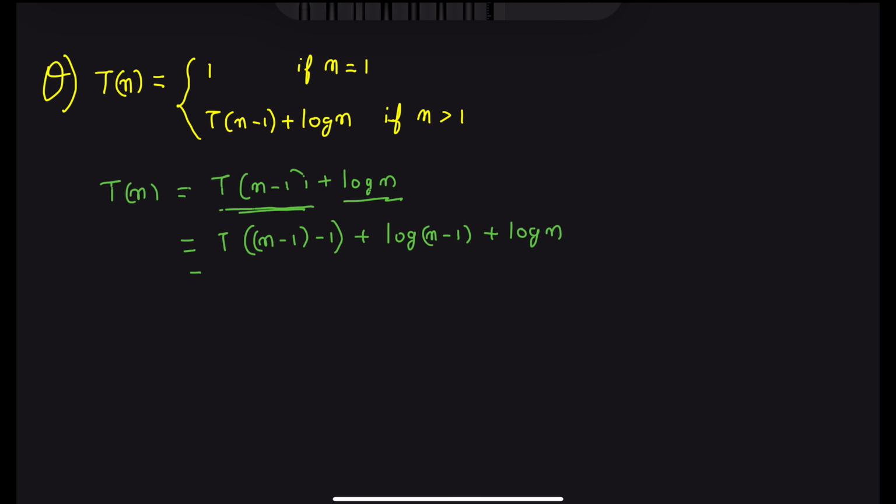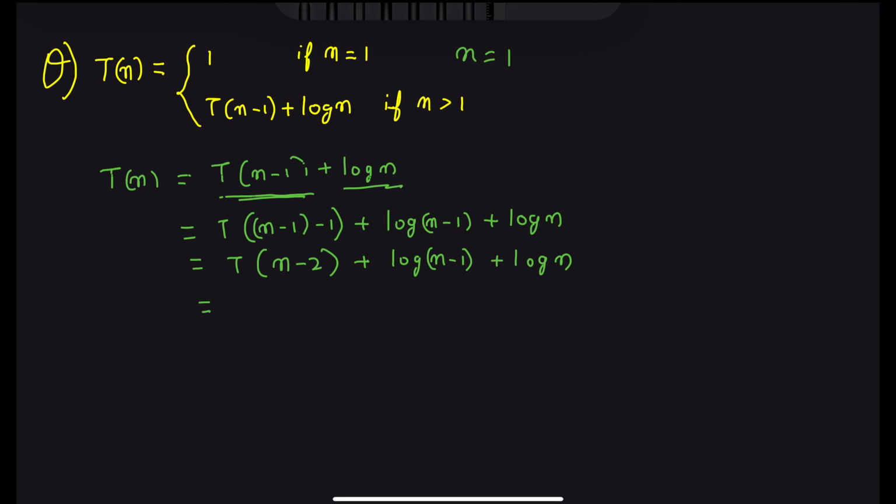Let's solve it further. So this will become T(n-2) plus log(n-1) plus log n. Now we will substitute for n-2.